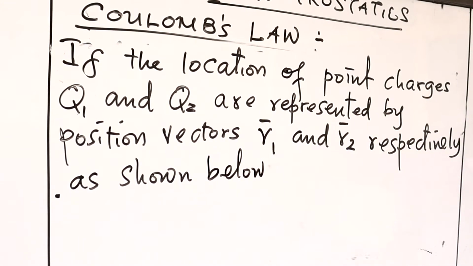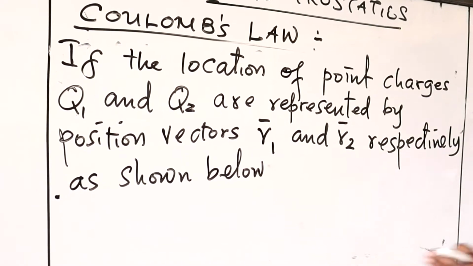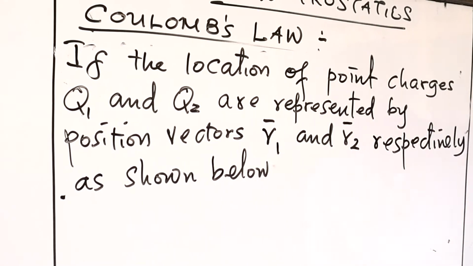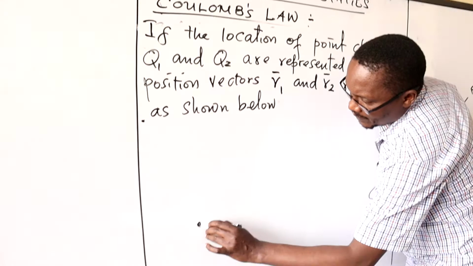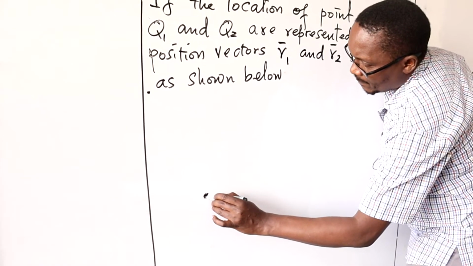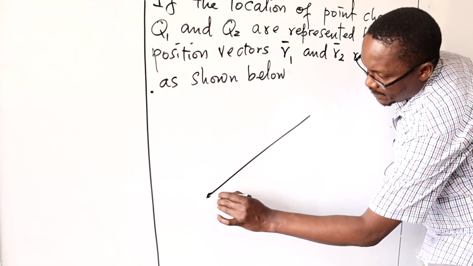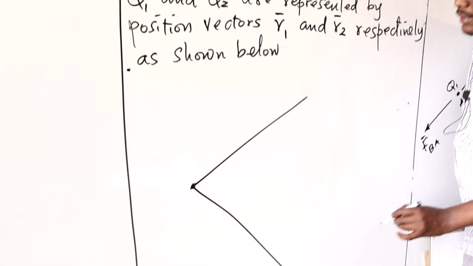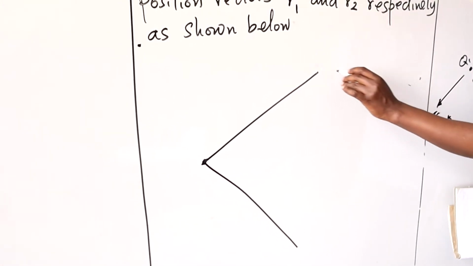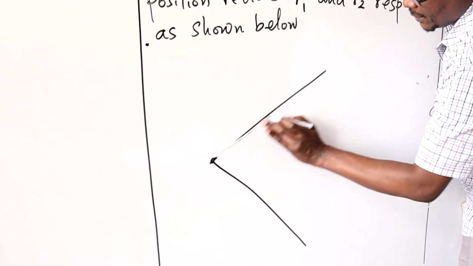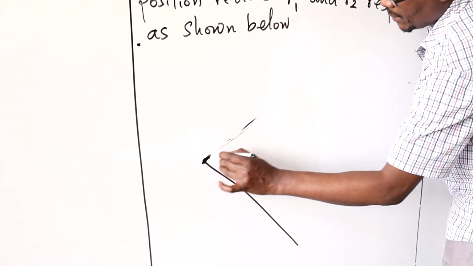So we are saying that if they are represented by position vectors R1 bar and R2 bar as shown below, say we have an origin there, and have that as a straight line.